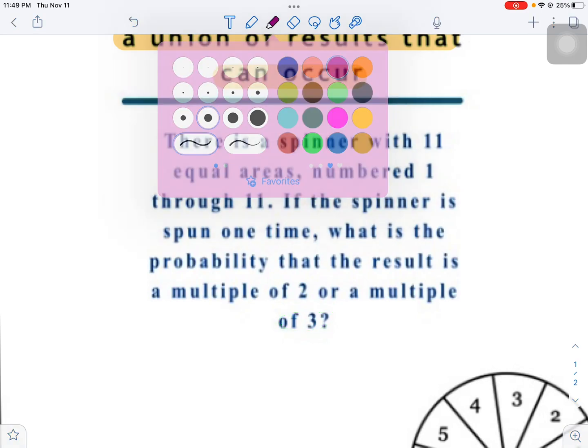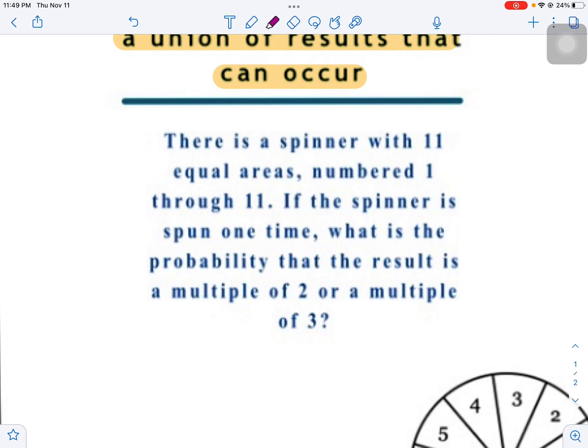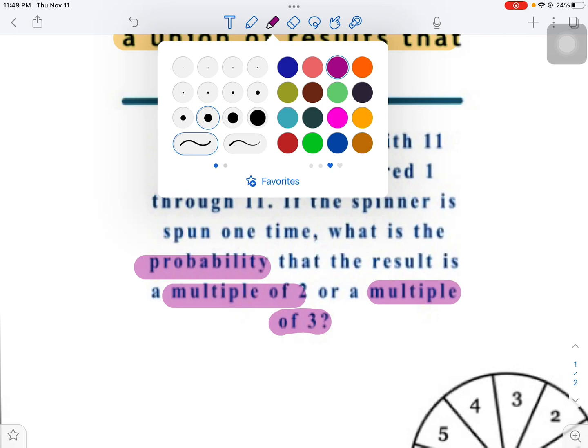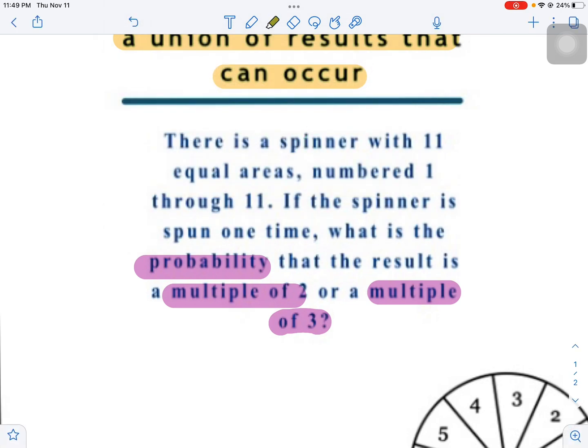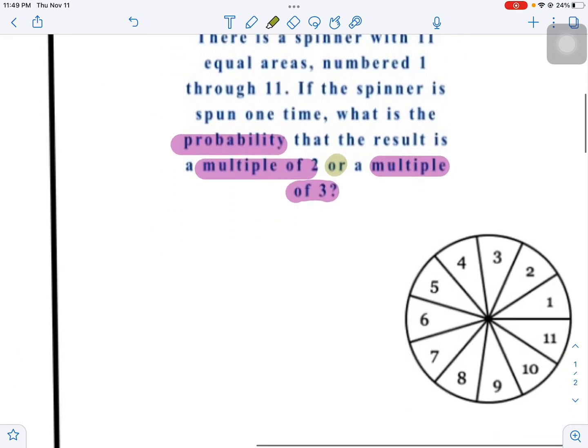So let us take a look at our important pieces here. We're dealing with the probability of a multiple of 2 or a multiple of 3. Now, our key here is "or." That is the difference between our first example and this example.